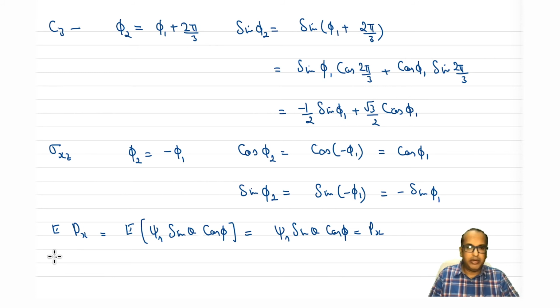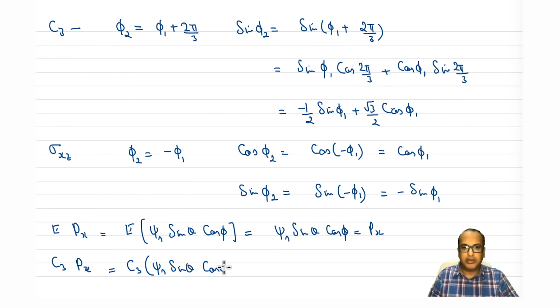Now let's do the same thing for C3. If I do C3 on Px, I do C3 on psi r, sine theta, cos phi. And what do I get here? So I'll just write down the answer here. So psi r does not change and sine theta does not change, right? So I will say psi r, sine theta, and cos phi changes to cos phi 2.